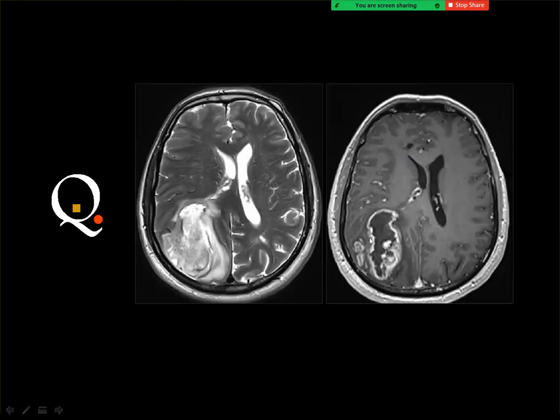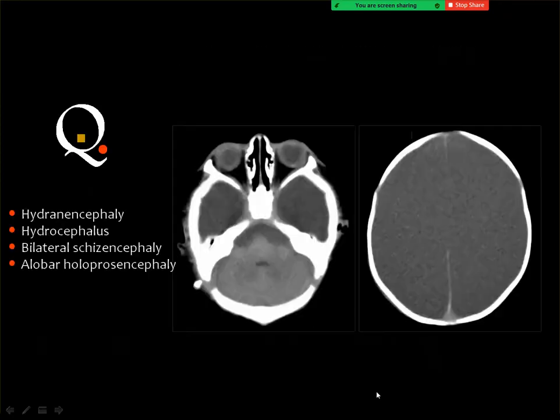Yes, and this is a classic case of GBM or glioblastoma multiforme with the classic pattern of enhancement, marginal non-uniform, significant perifocal brain edema, and significant mass effect.